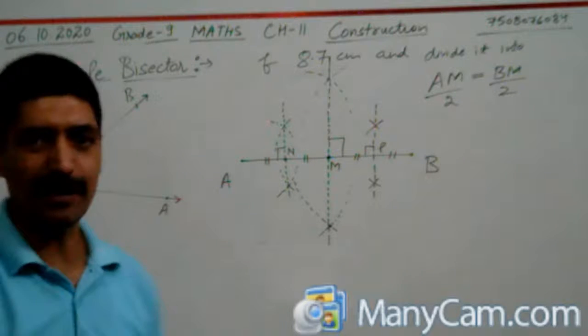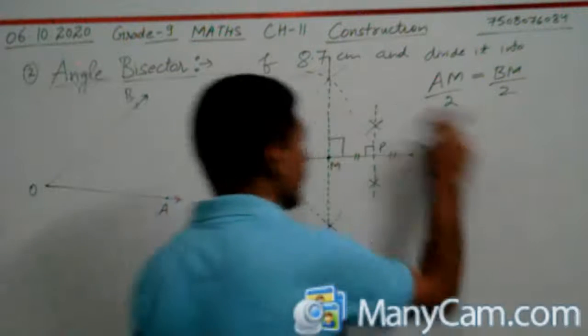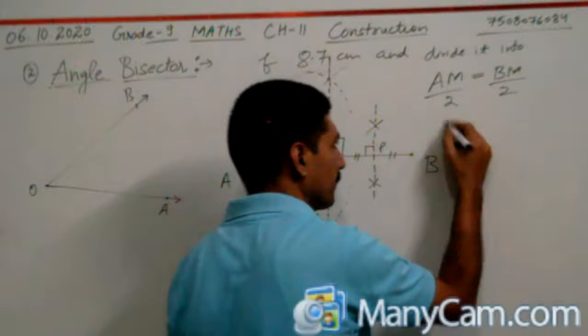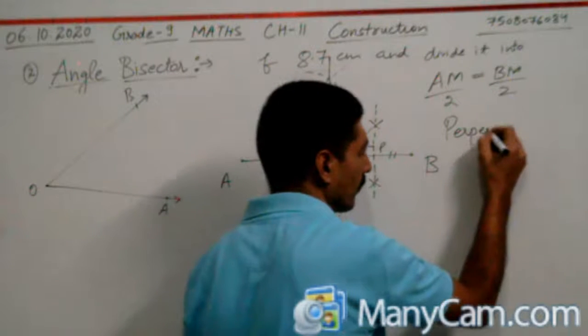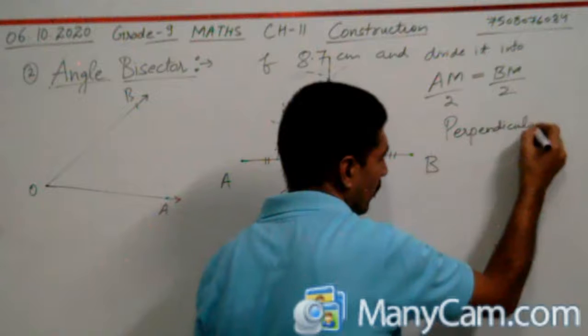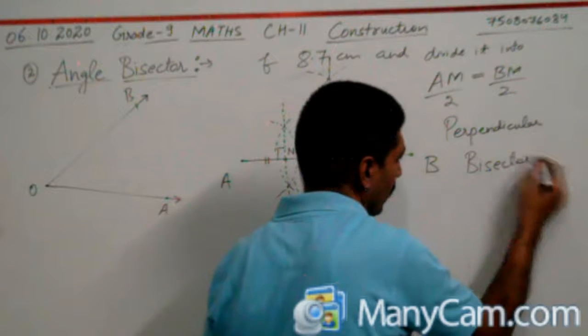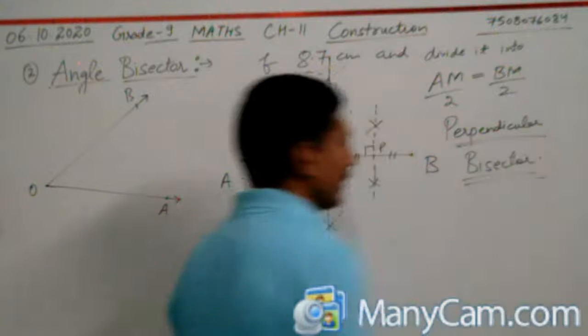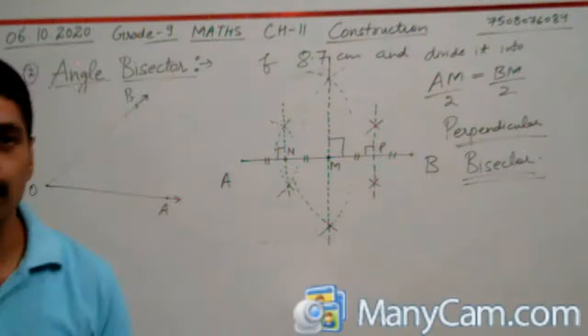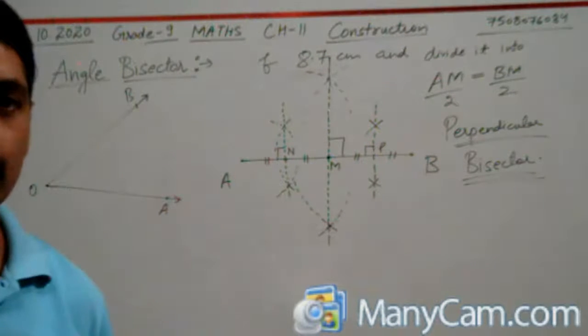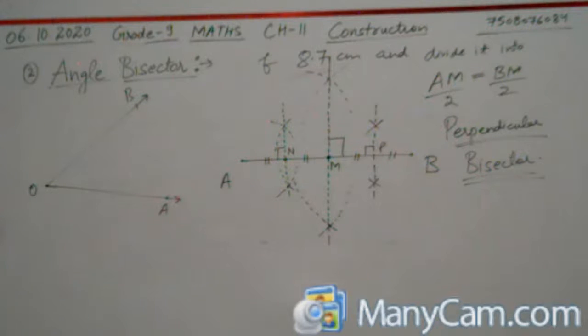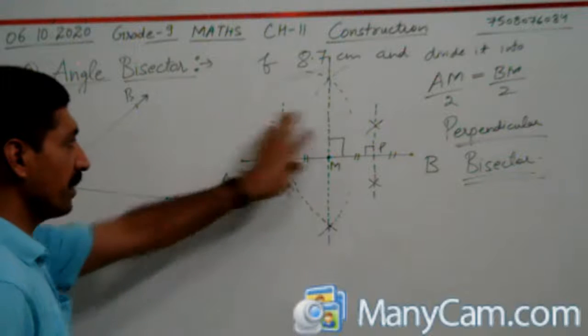That is the angle bisector. Here, this is the perpendicular bisector. So here we have the angle bisector. I hope it is very clear.